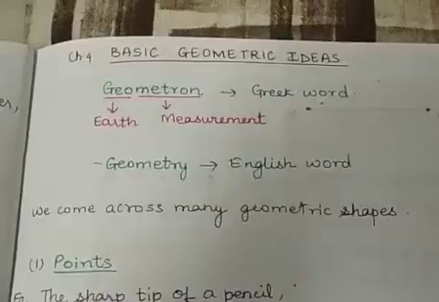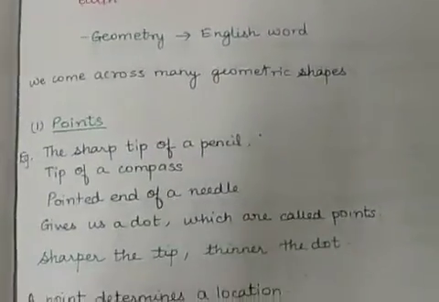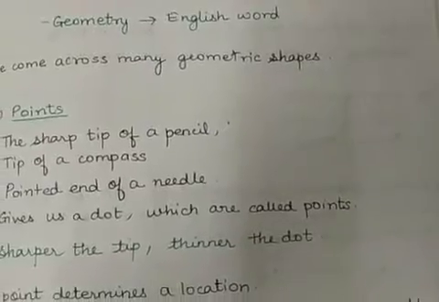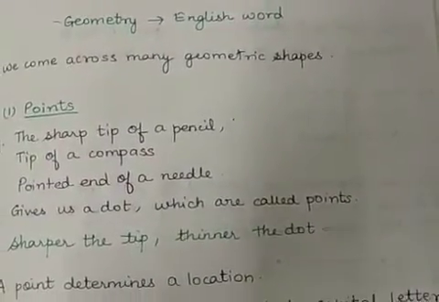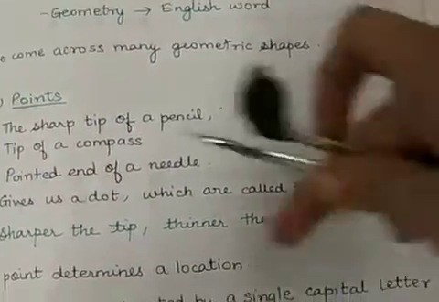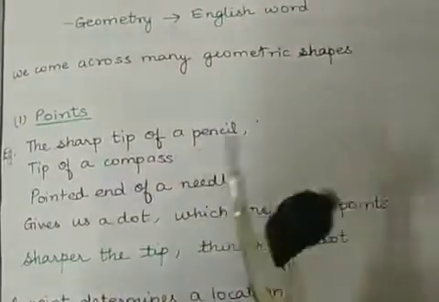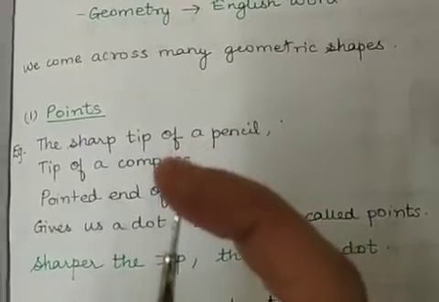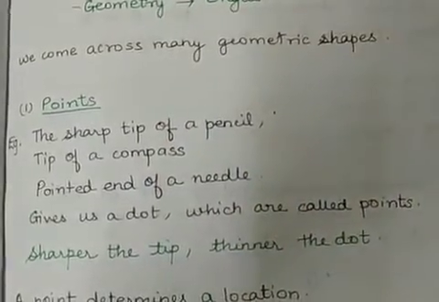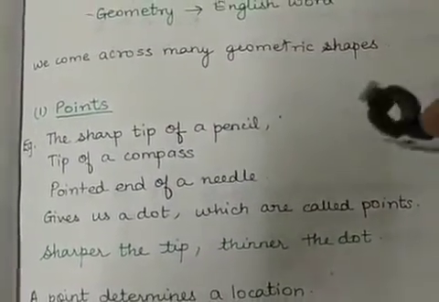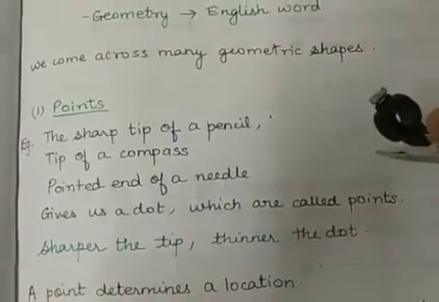So the first concept that we come across is points. Now if you want to imagine a point, you must have seen it like a dot. If I take the sharp tip of a pencil, or the tip of this compass, or a pointed needle, these tips give us a dot.